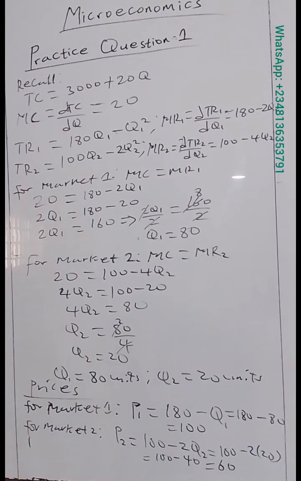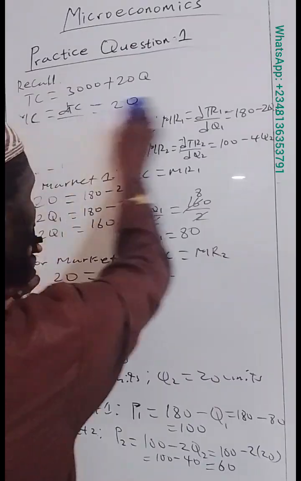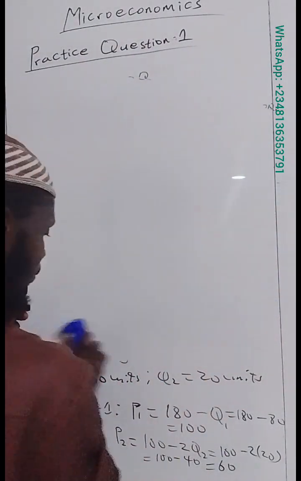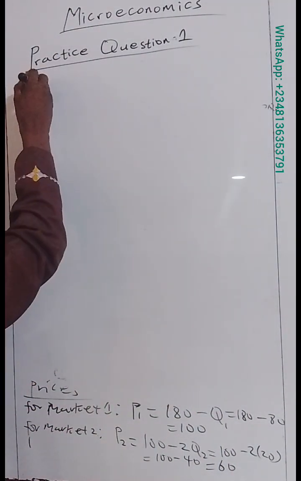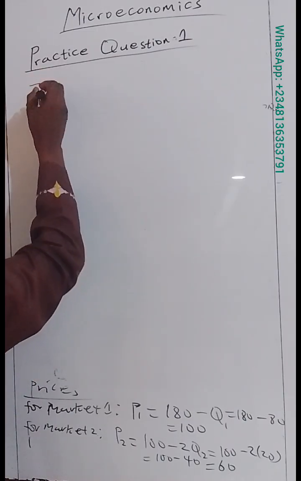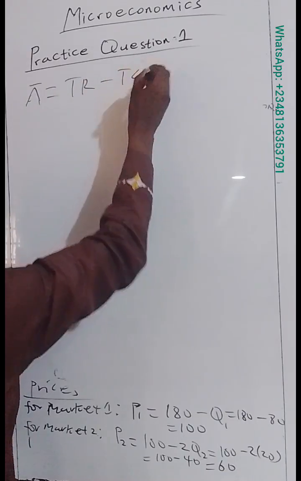And the last question we are asked to solve is to find the total profit, meaning the profit in market 1 and market 2, we are going to add them together. Let's see how we are going to approach this. The profit, you recall, is usually denoted with phi in economics: phi equals total revenue minus total cost.